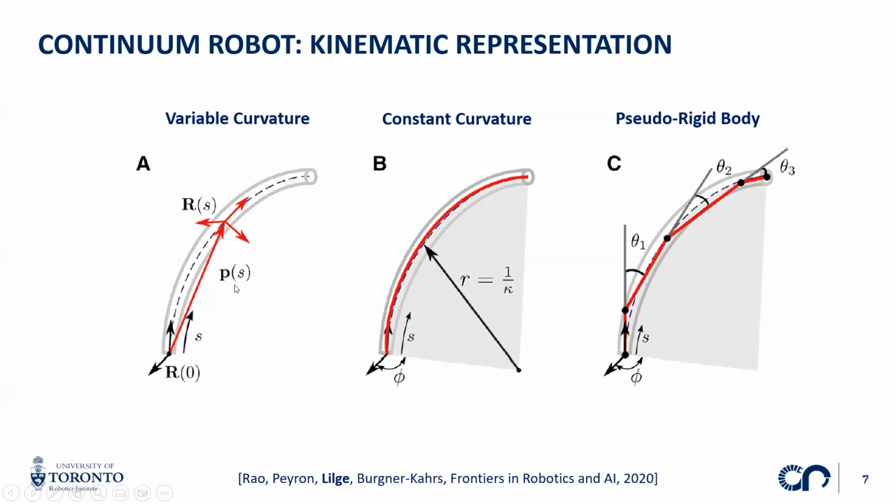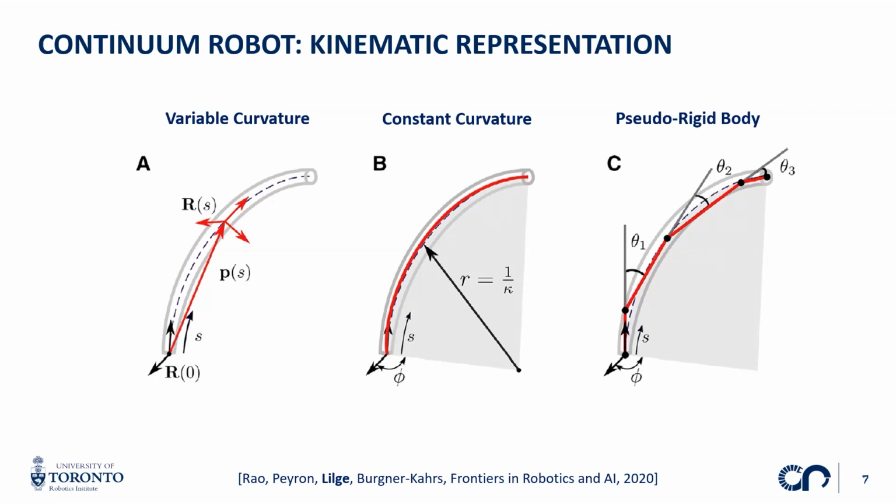That allows me to basically model any 3D curve in space by just defining for every point S continuously an orientation and position. So this representation can be quite accurate, honestly, and I can capture any curve in 3D space theoretically.